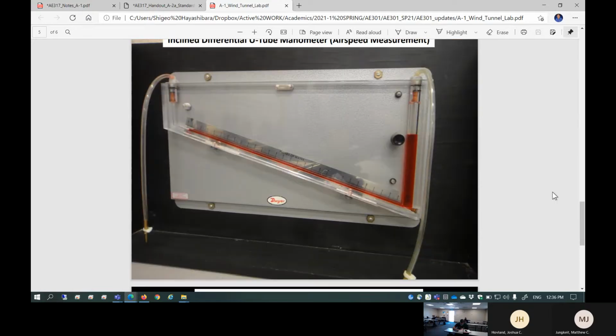So this is the black box. You connect this black box and measure the airspeed, right? Suppose somebody says 5 inches of water, what's the airspeed in miles per hour? You know the ballpark figure. Didn't you take the wind tunnel class? You can tell.